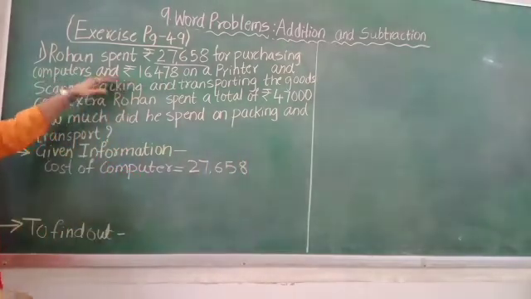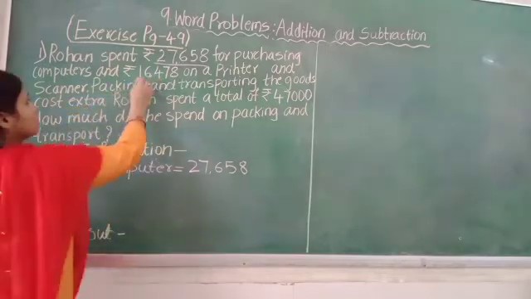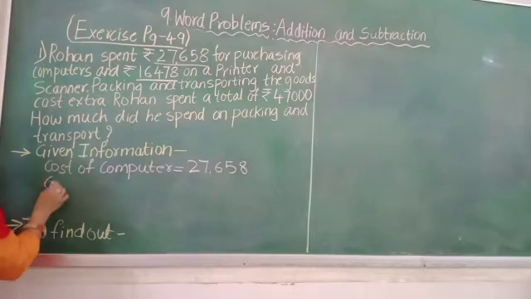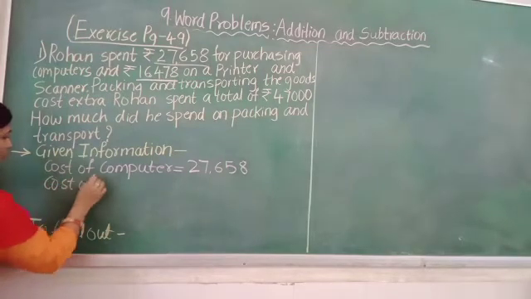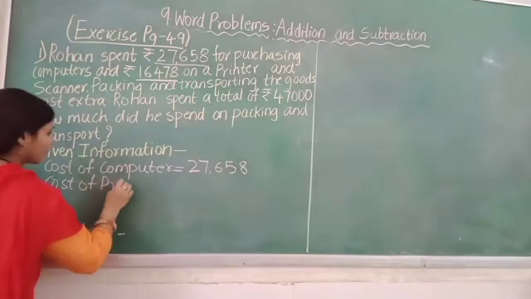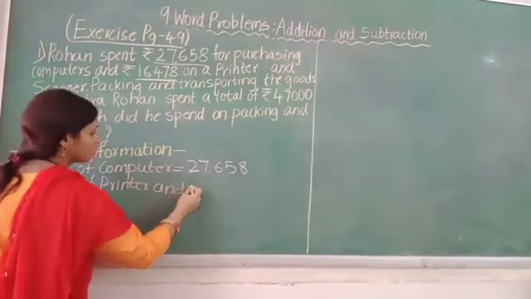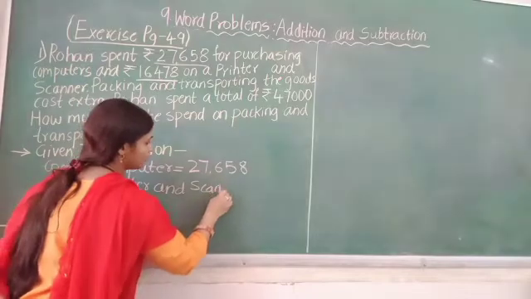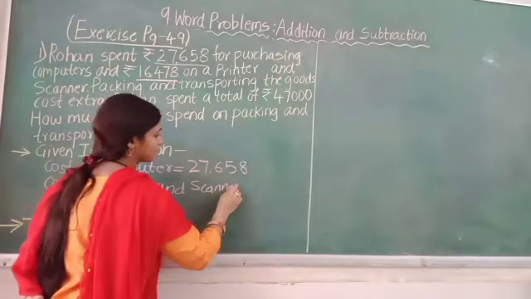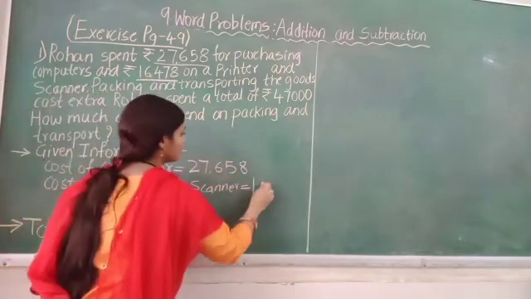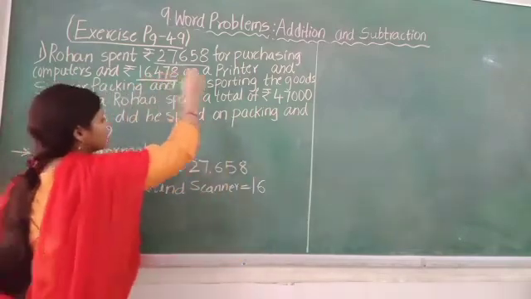Cost of printer and scanner is how much? 16,478. So here we will write cost of printer and scanner is equals to 16,478.